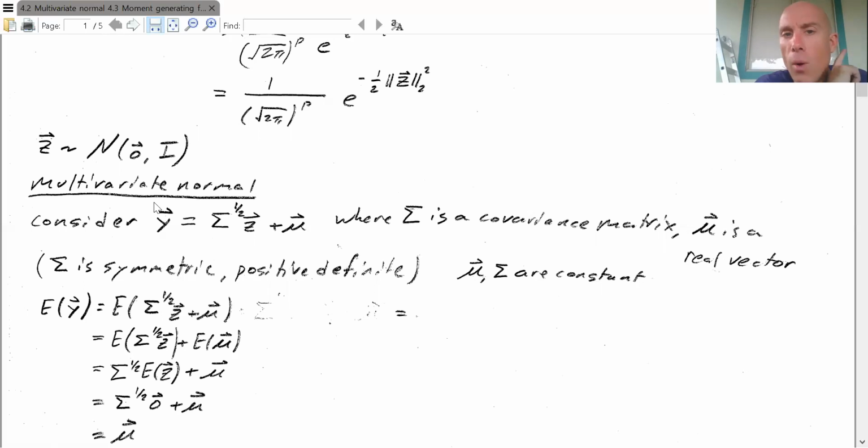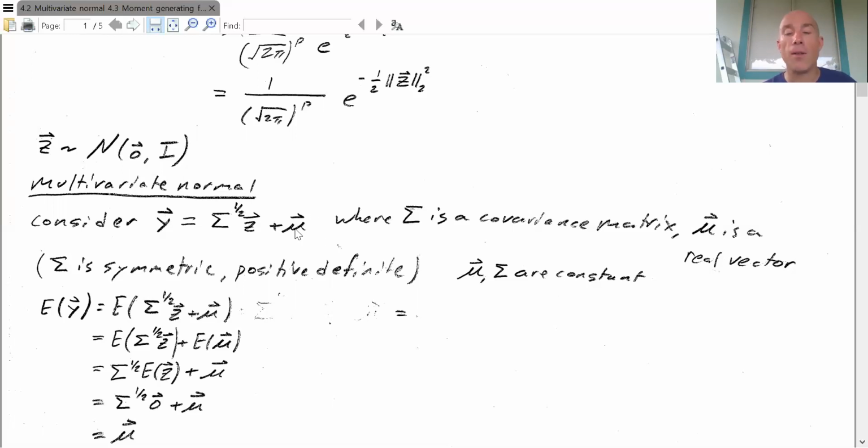Now, what we're going to do on this one, let's say that I'm going to make a new variable. I'm going to take some covariance matrix I'm interested in, and I'm going to go ahead and take the square root. Remember, when I have a positive definite matrix that's symmetric, there's always a square root. So every covariance matrix has a square root.